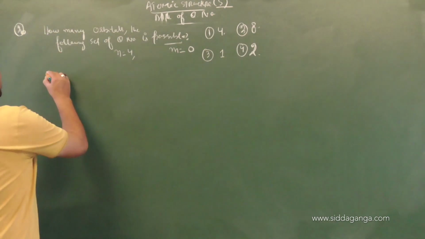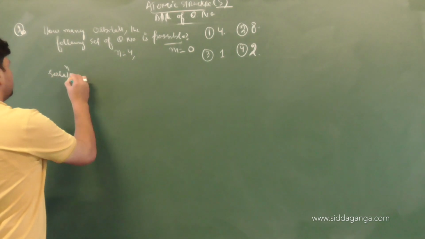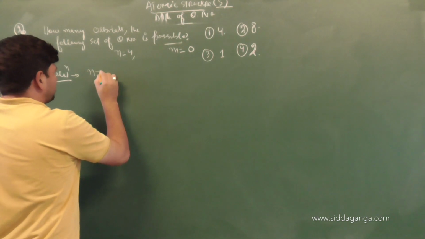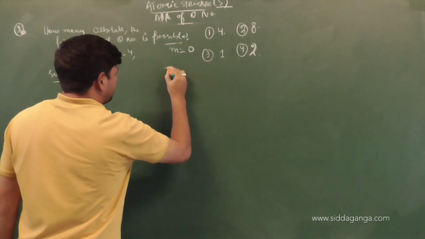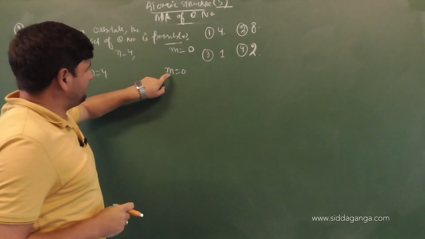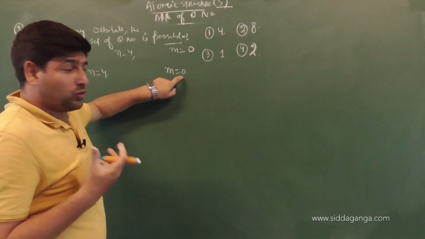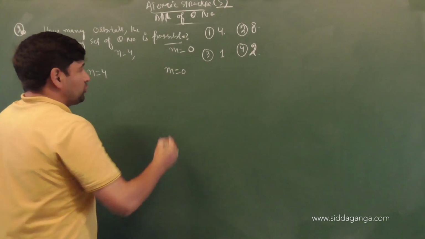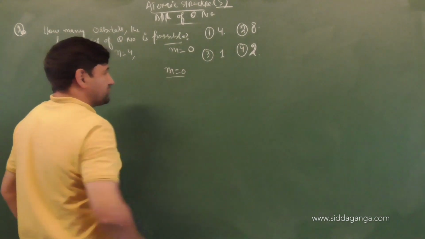So what will be the solution of this? It should be very simple. We'll write down that the N value is 4, correct? And what is the value of M given to you? It is given as 0. We know each value of M represents, what does each value of M represent? One orbital. Am I clear? So we have been given M value equals 0.